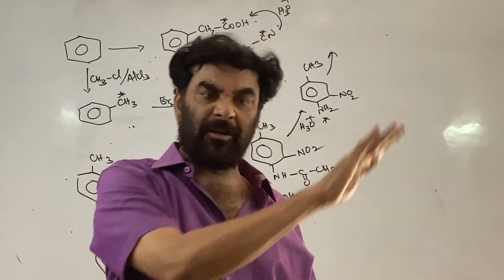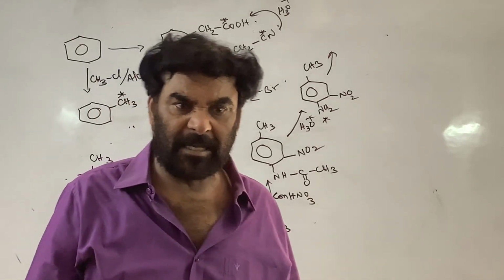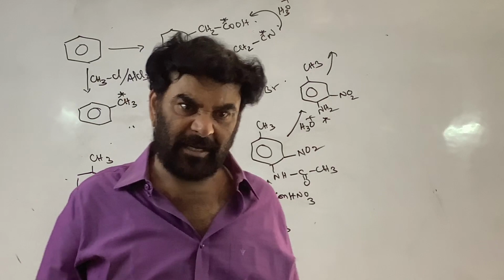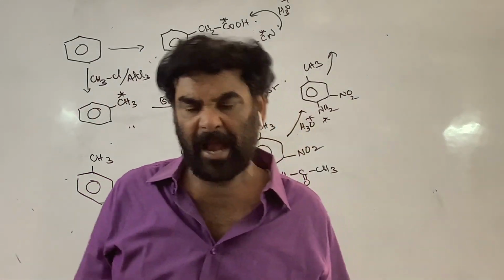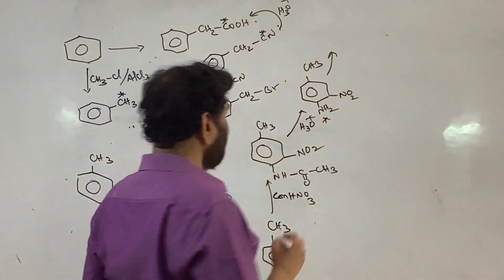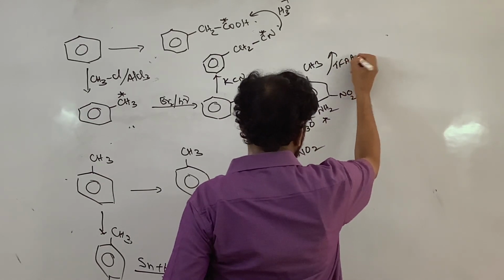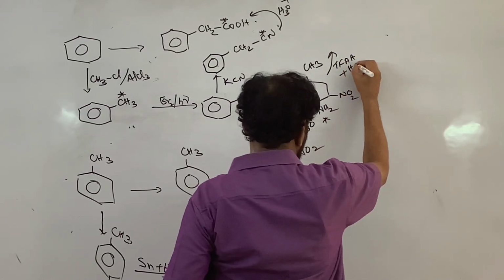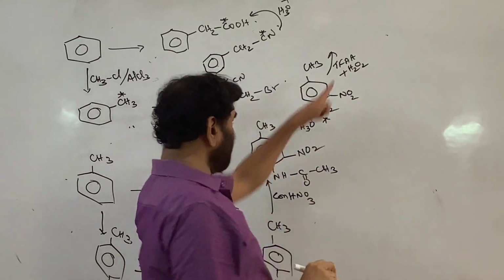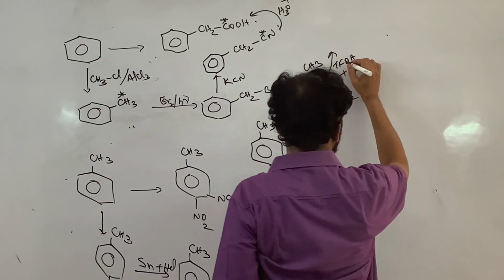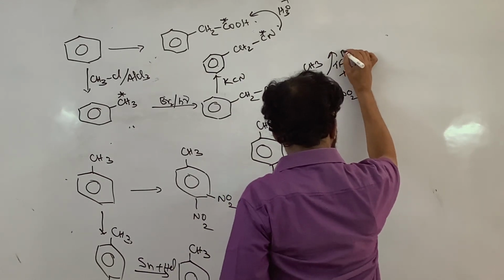Nitro can be converted into primary amine by treating with Sn plus HCl, and the reverse is done by a hydrogen peroxide mixture, that is trifluoroacetic acid plus hydrogen peroxide.